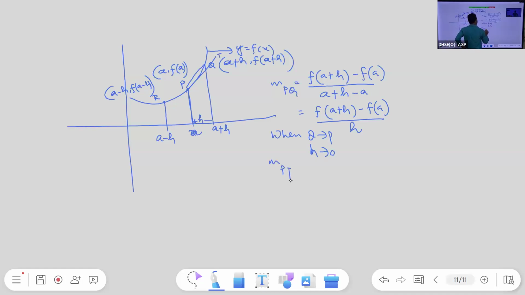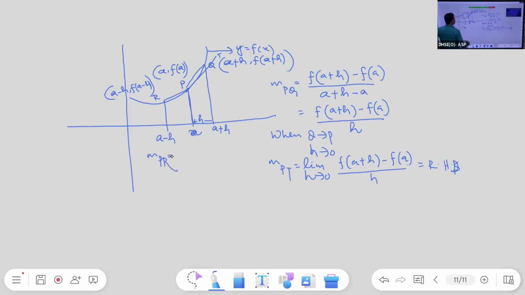M PT is equal to limit h tending to 0, f of a plus h minus f of a upon h. Okay, this is your right hand derivative. Slope of PT is the right hand derivative. This is equal to RHD, right? Then join P with R. Slope of PR is equal to M PR.